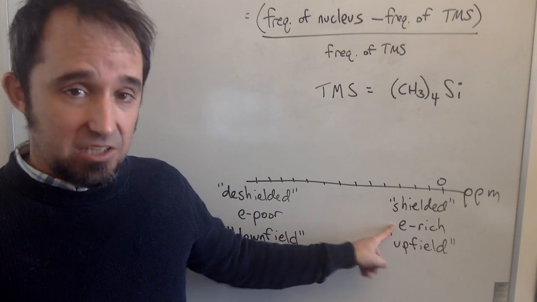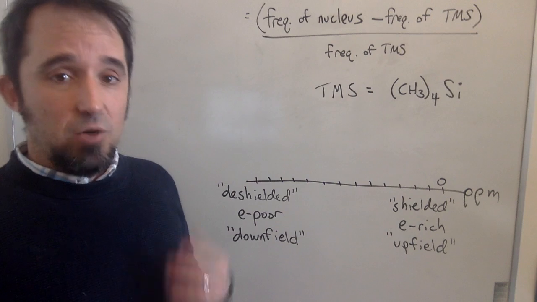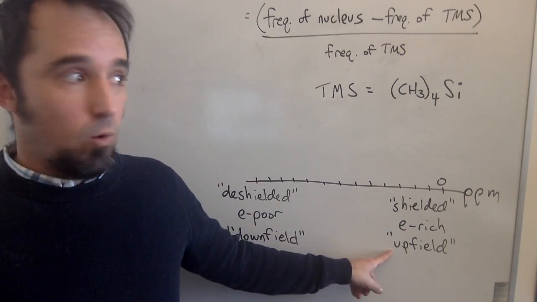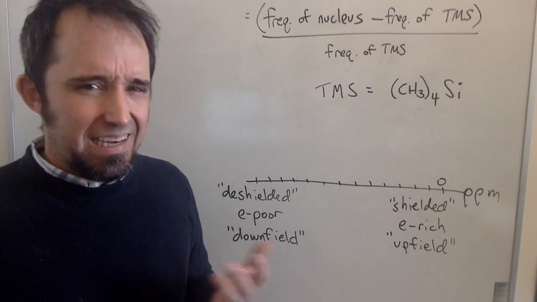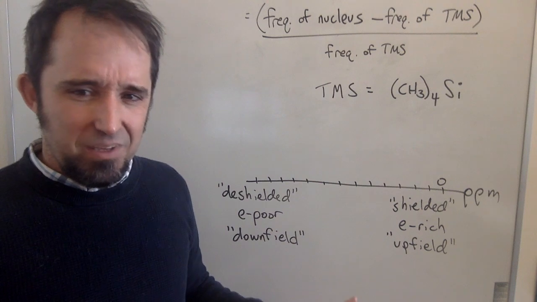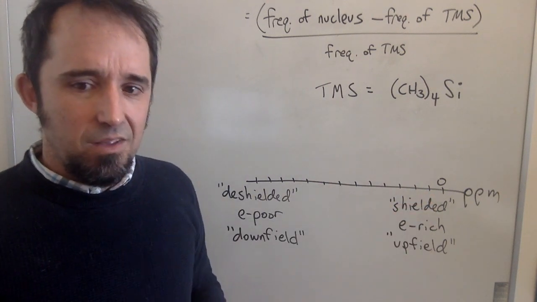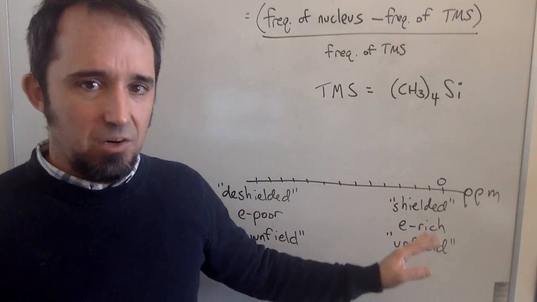So there's lots of electrons around them, shielding them from that magnet. In the old school nomenclature, we sometimes call this upfield because it requires an upfield magnet to flip them. It's kind of confusing for people because here upfield means lower numbers in ppm. But the big thing is that this is shielded. This end of the spectra is electron-rich compounds.